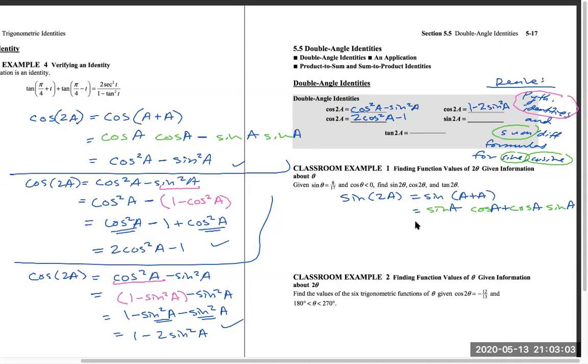Now notice you could rewrite this as sine A cosine A plus sine A cosine A, just flipping the terms here. Since it's multiplication, you can do that. So these are like terms. We have 2 of these sine A cosine A's. So that gives us our sine double angle formula.